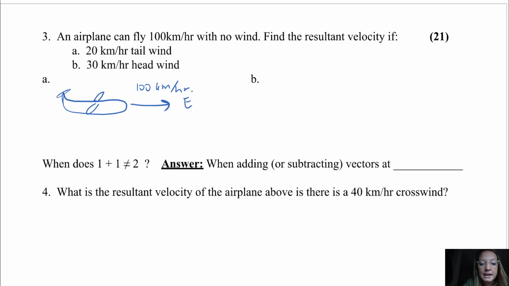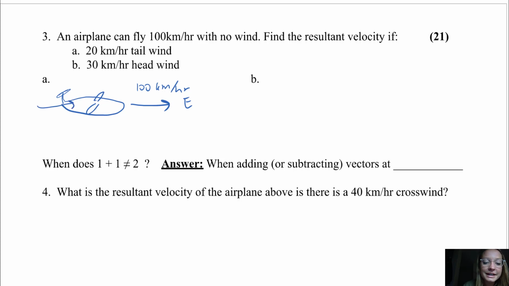But then if it's having a 20 kilometer per hour tailwind, that means that something is pushing back on it at 20 kilometers per hour west. Oh wait, no. Just kidding. I erased the whole airplane. Come back. Okay. This is a tailwind. A tailwind's pushing forward.